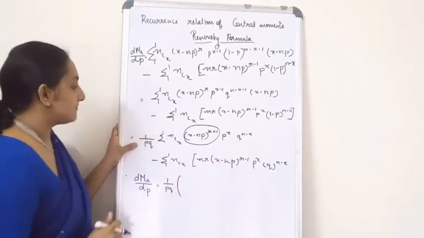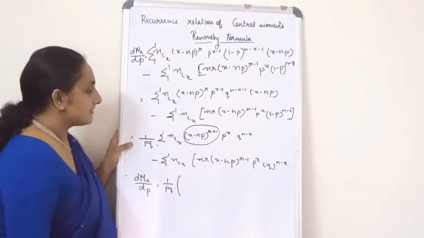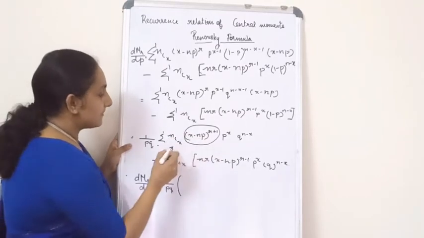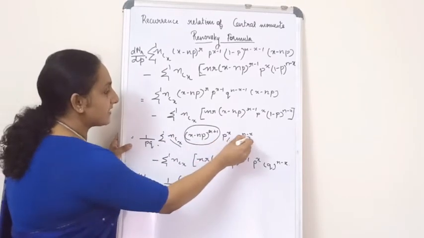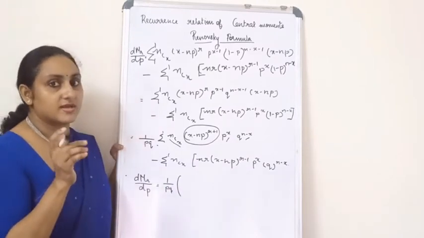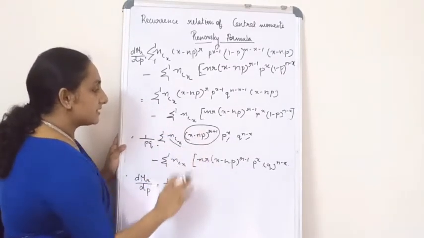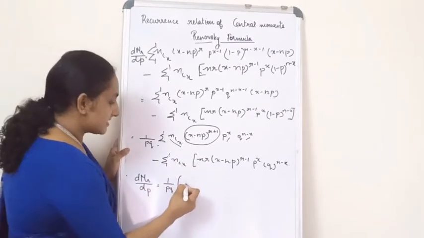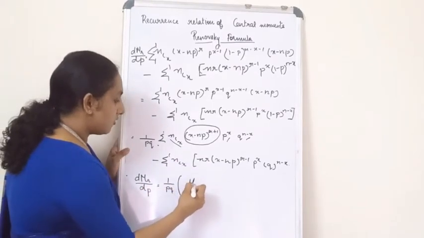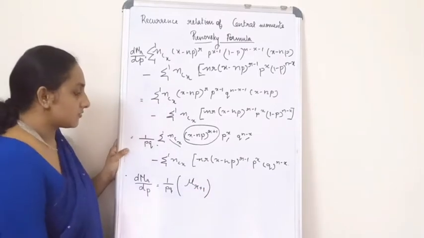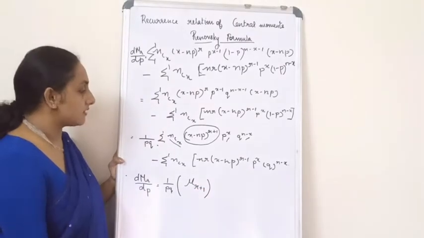Summation (x minus np) the whole raised to r plus 1 multiplied by, what is this? nCx p raised to x q raised to n minus x is certainly what it is, f of x. So what is the whole thing that is coming to you? It is mu r plus 1. Now don't wonder how you got mu r plus 1.